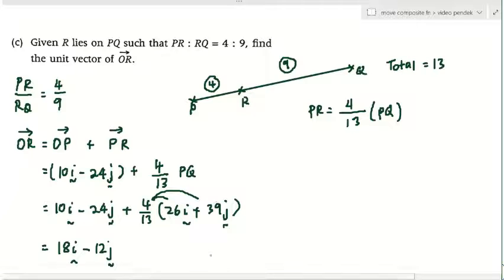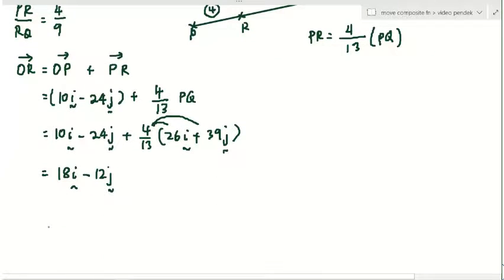For the unit vector, we have its own formula: the vector 18I minus 12J divided by its magnitude.